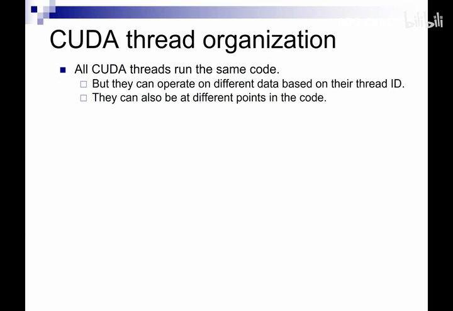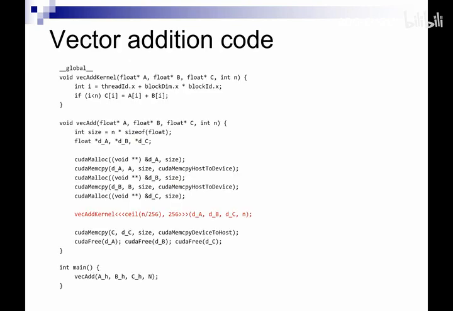The way the threads are organized is that all of the threads are going to run the same code. If we go back to this kernel here, you see that every thread is going to run the same code. However, they're going to work on different data items, because every thread has either a different thread ID or a different block ID.